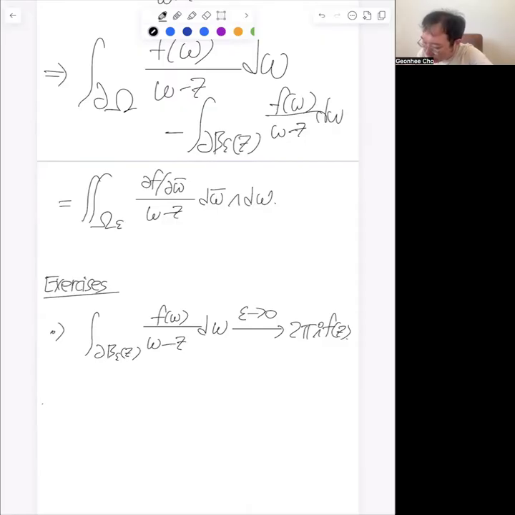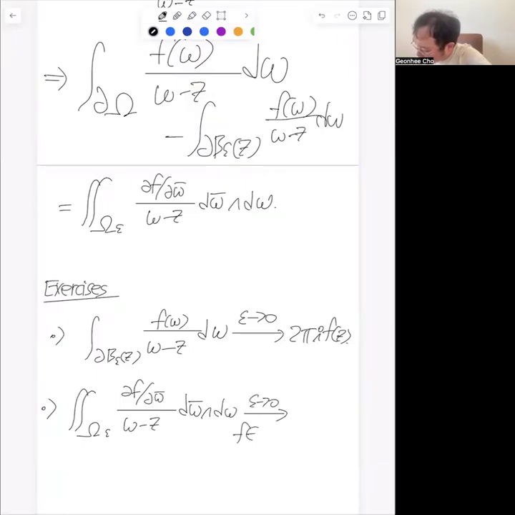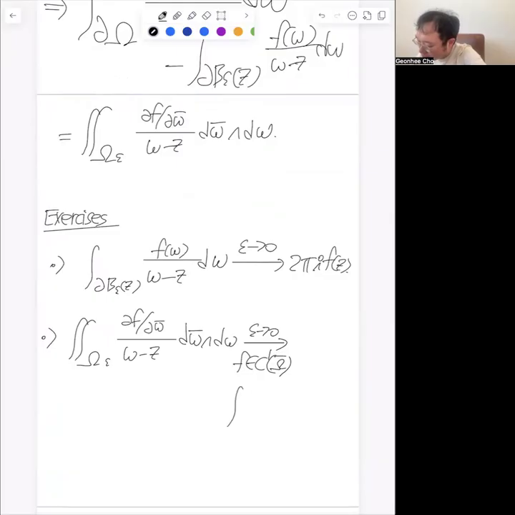Also, it can be shown that if you take this integral as epsilon tends to zero, then because of the assumption that f is C1 on omega bar, you can kill the effect of the epsilon.